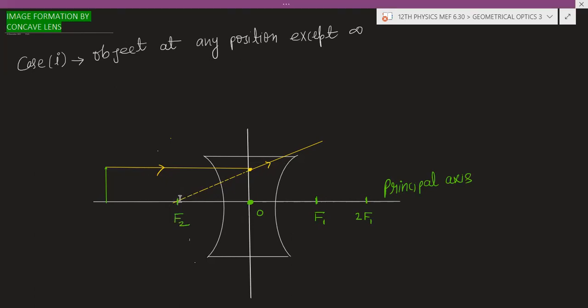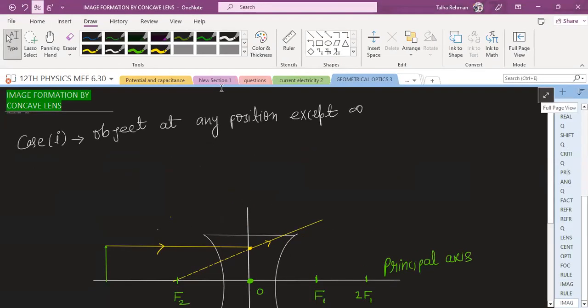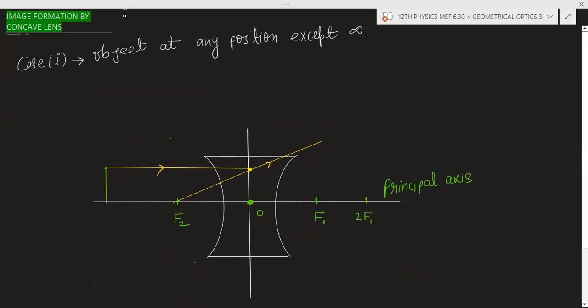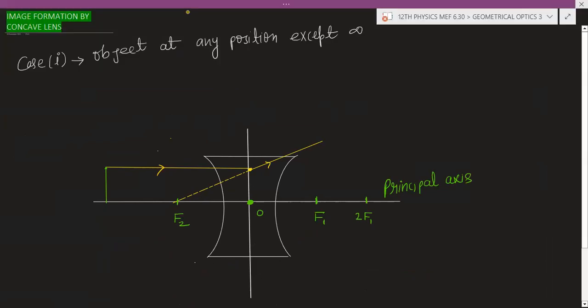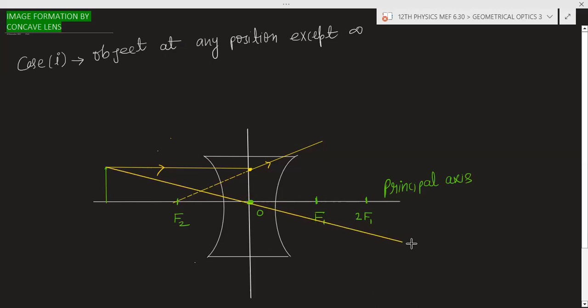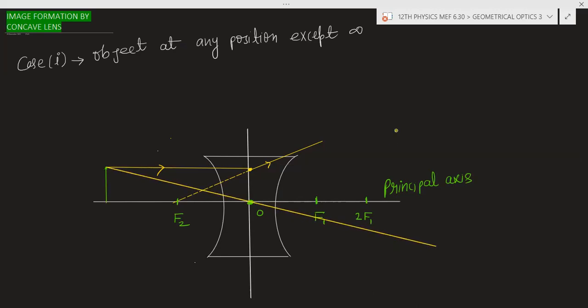And another ray from the object will be like this, passing from the optical center.